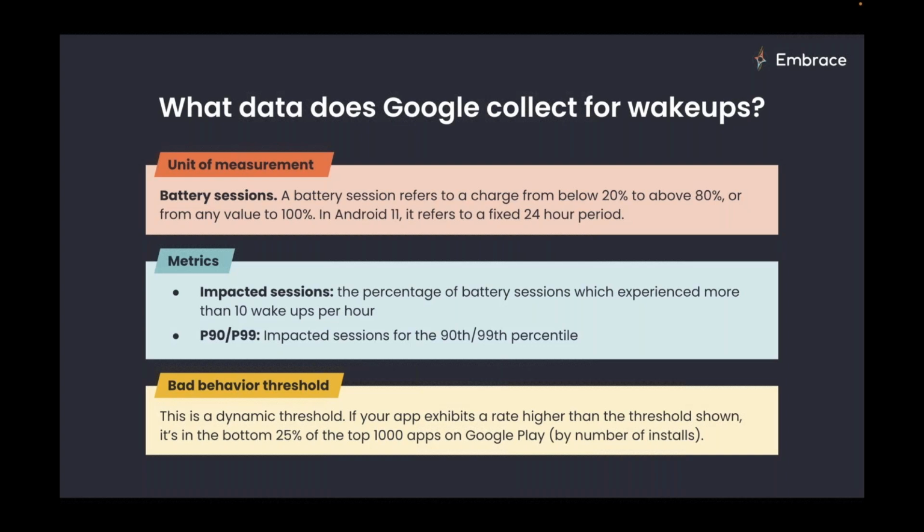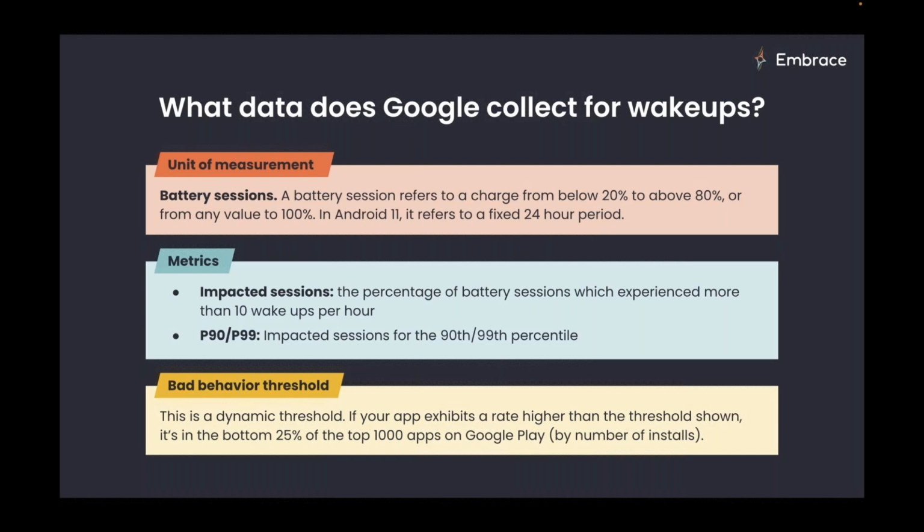And in Android 11, it just refers to a 24-hour period. So you can effectively think of this as some period in which the user had their phone fully charged and then it ran down to pretty much zero. So you can think of it almost as a 24-hour period in reality.